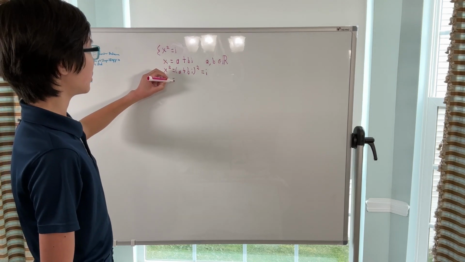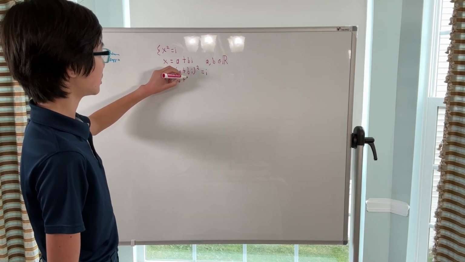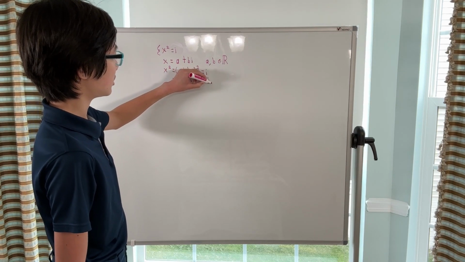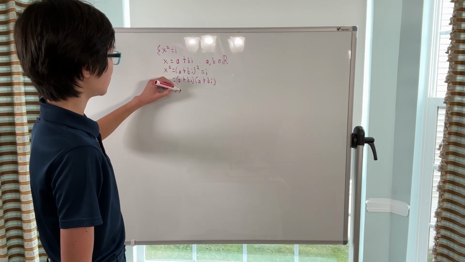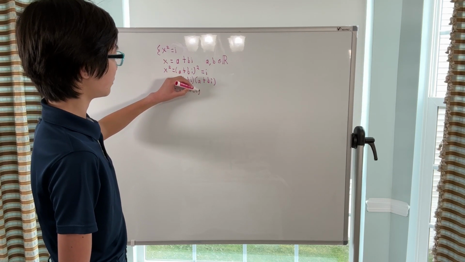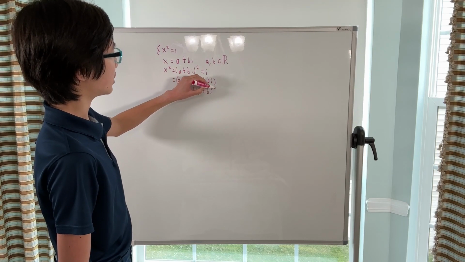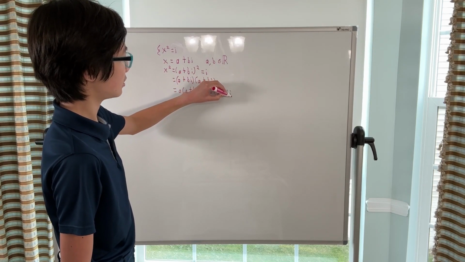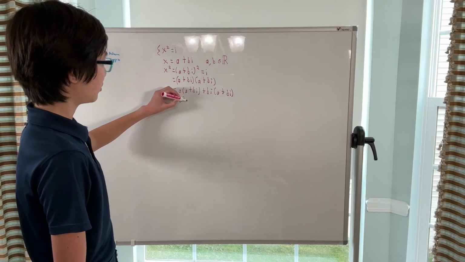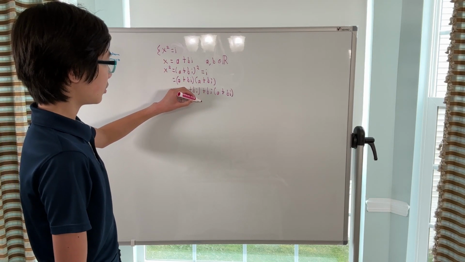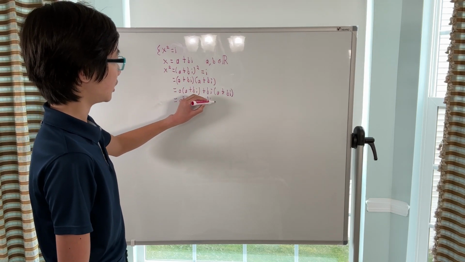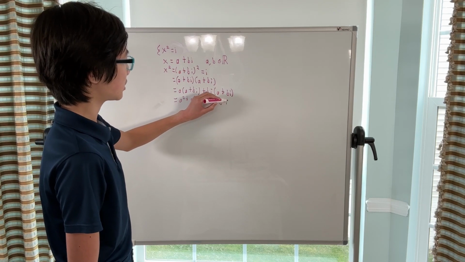Now, what is (a plus bi) squared? We can expand this. (a plus bi) squared is just equal to (a plus bi) times (a plus bi), which we can use the distributive property to say a times (a plus bi) plus bi times (a plus bi). We can expand this further and say a squared plus abi plus abi plus b squared i squared.